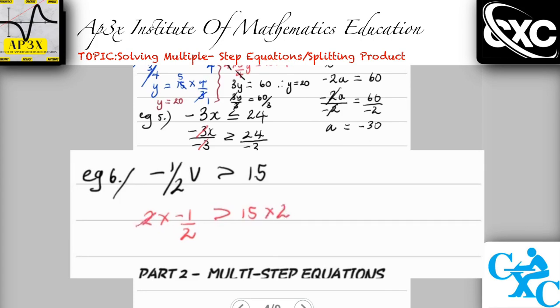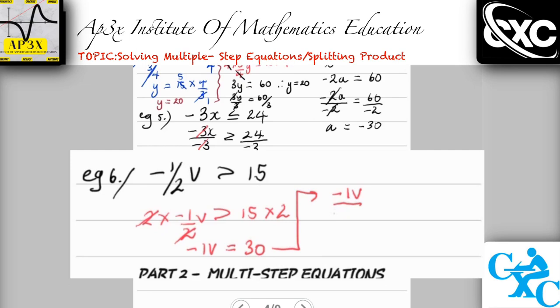So then negative 2 cancels negative 2, and I've ended up with minus 1 times v, that's minus 1v, greater than or equal to 15 times 2, that is 30. Because there's a minus 1 in front of our subject, we're going to divide by minus 1.